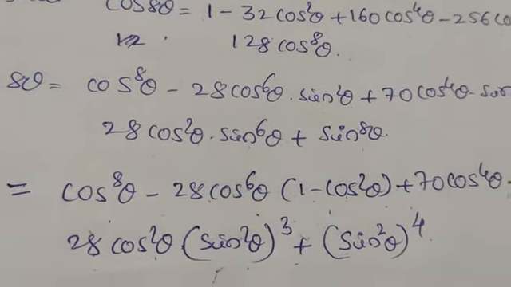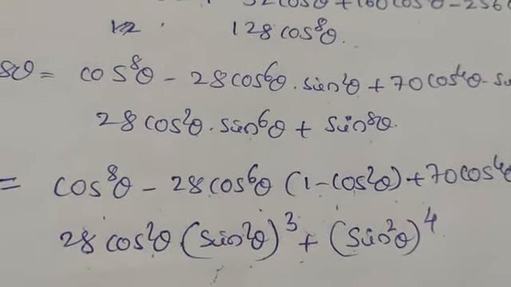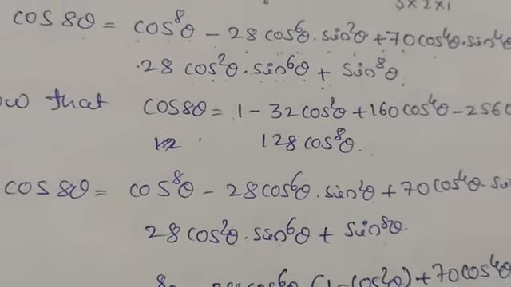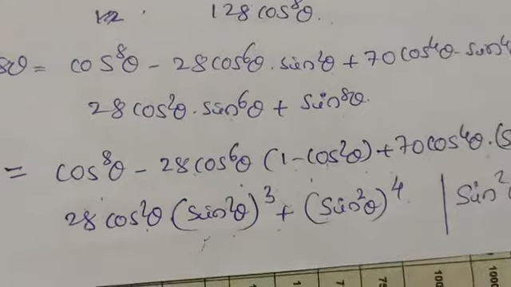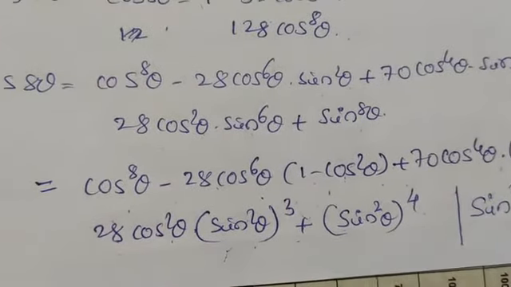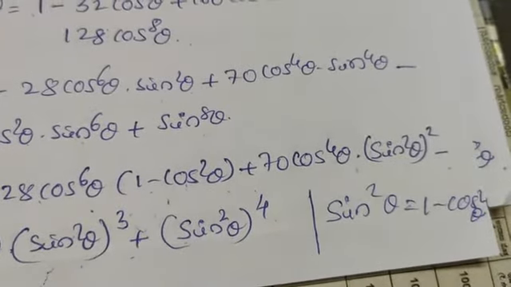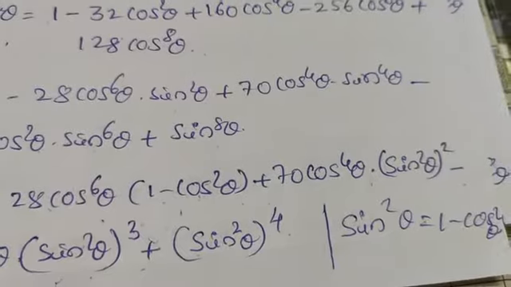Like this you have to write first all the terms in terms of sine square, because we know the relation between sine square and cos square. That is, sine square theta is equal to 1 minus cos square theta. So for that we have to express all of this sine in terms of sine square, so that we can express this one in terms of cos.